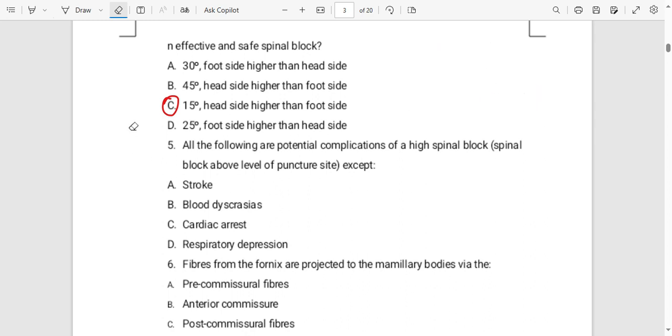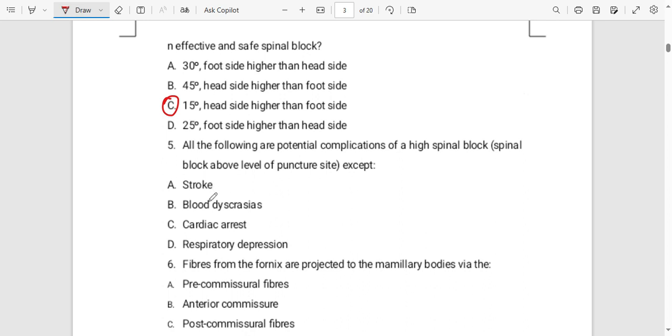All the following are potential complications of a high spinal block above the level of the puncture site, except. So what happens if you have performed the anesthesia, and then all the nerves above your L4, L5, above where you are going, you are going all the way to the brain? So what will be the complication?